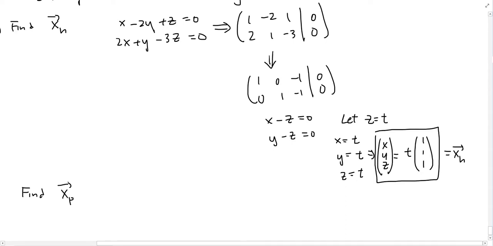Because to find x sub p, what you want to do is what mathematicians refer to as finding it by what we call inspection. What do I mean by that? Meaning that you basically look at the system. So here's my system.